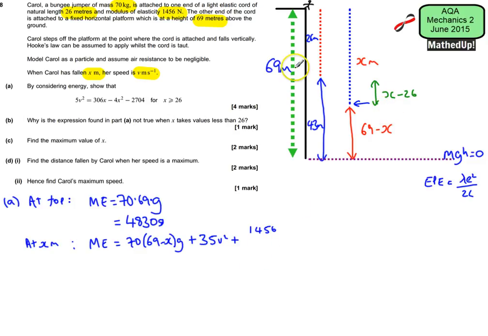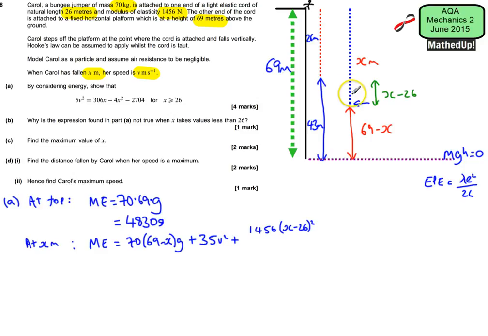So we're going to times that by X take away 26 squared. Okay, I'm just going to clarify that again. It's been stretched up to a point of X meters, and its natural length was 26 meters.